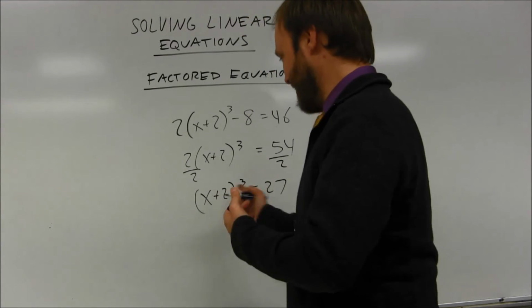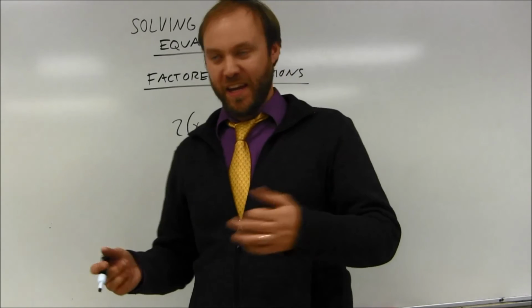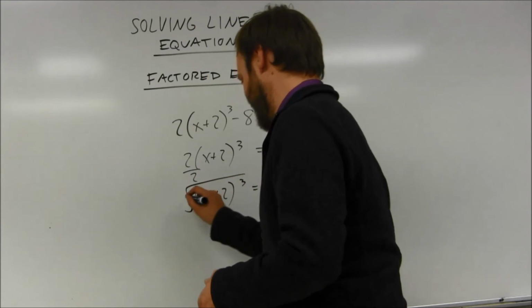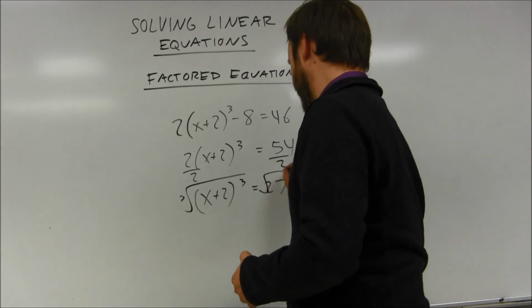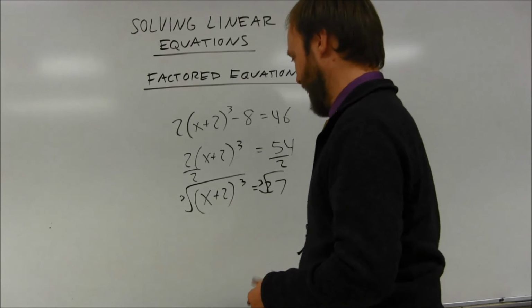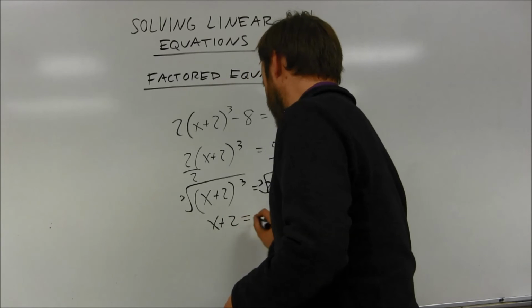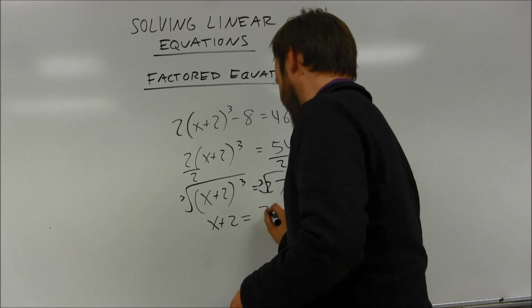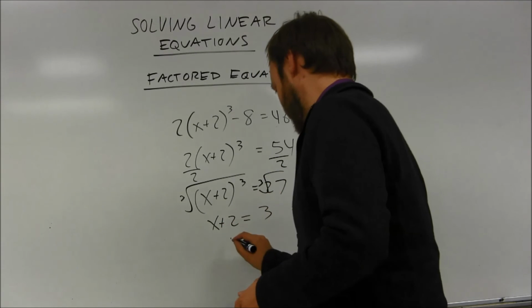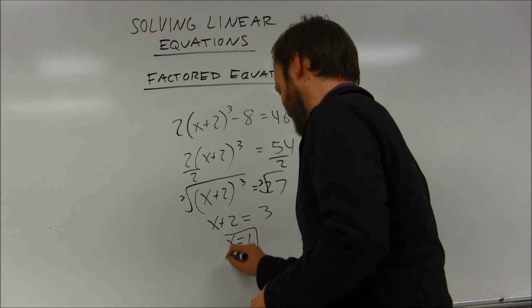Basically, the opposite of cubing is an odd root. I'm going to take a cube root, and anytime I have an odd root, there's only going to be one answer. The cube root of something cubed just leaves me with x plus 2. The cube root of 27 is just 3. You subtract 2 from both sides, and you find that x is equal to 1.